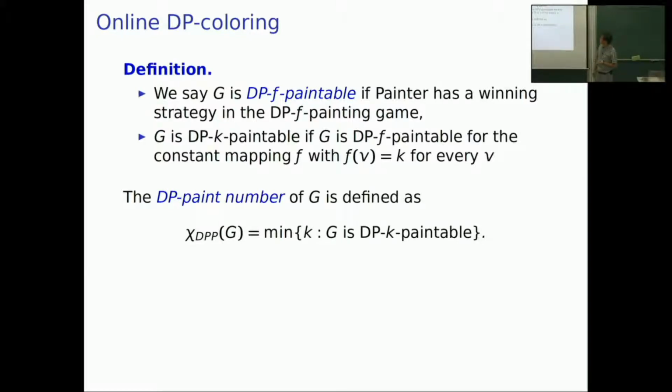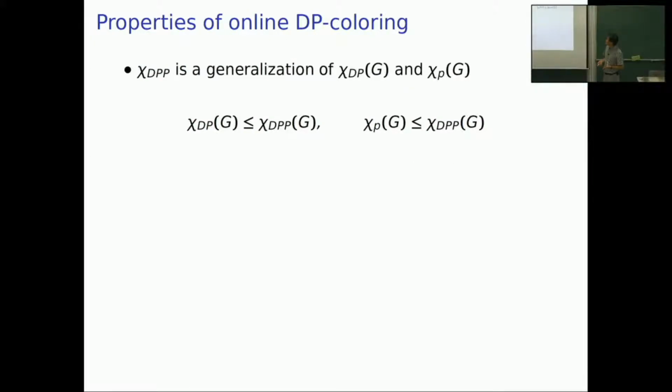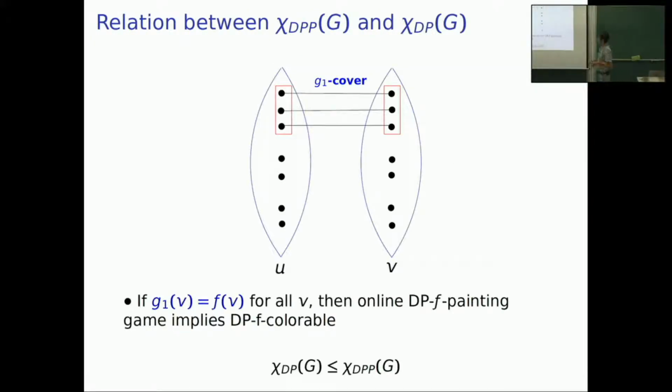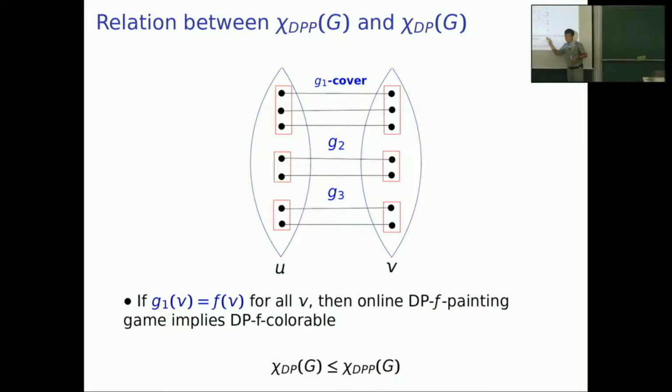And it turned out this concept is a generalization of both DP coloring and online coloring. So why? If in the first round I give you the whole matching, with no hidden matching, then this is DP coloring.